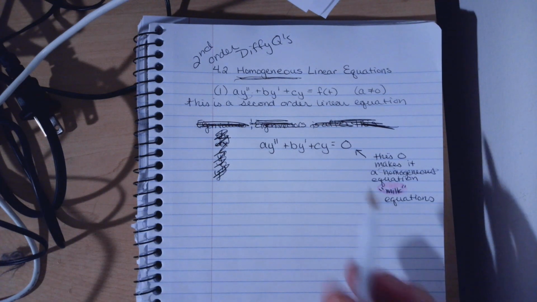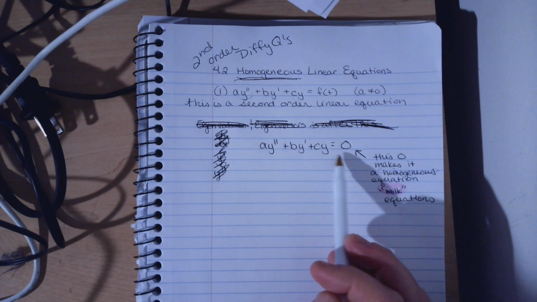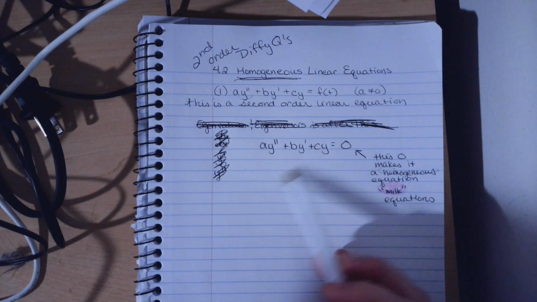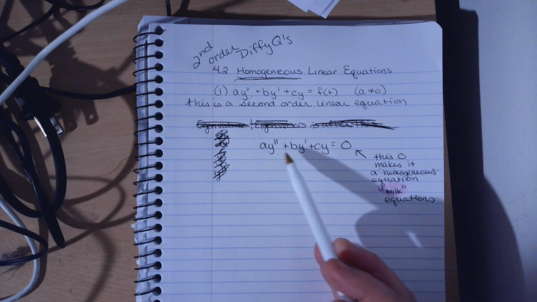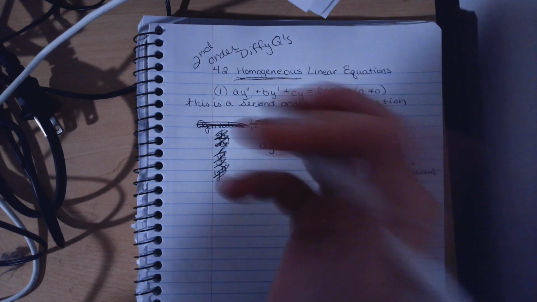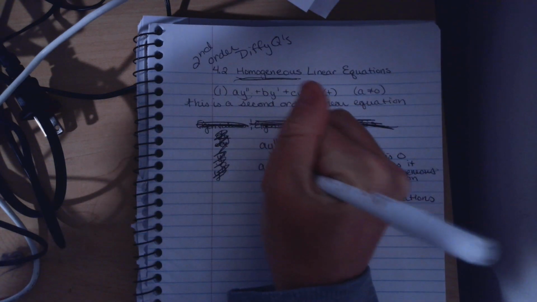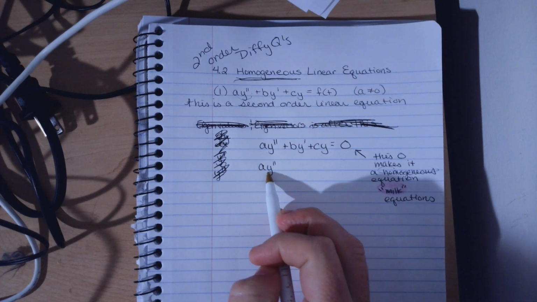All right, and so let's go ahead and investigate this equation, because remember, what we're looking for is some function that when we plug it into this equation, it's true, right? So imagine I solve for this y double prime.